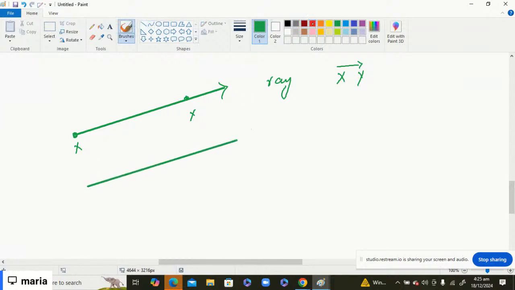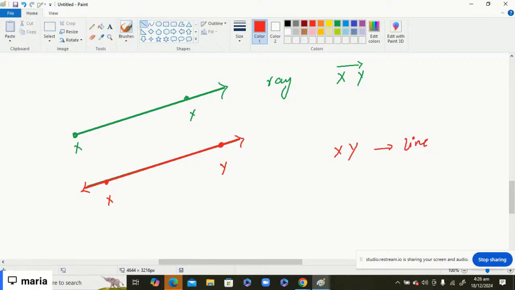This is the difference in all of it. Like here and here there are two points over it, so this is called the line. It never ends, like x and y, so you can write it only as x, y. This is called the line.